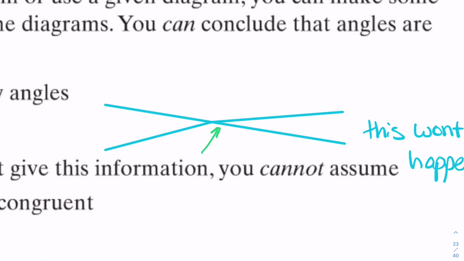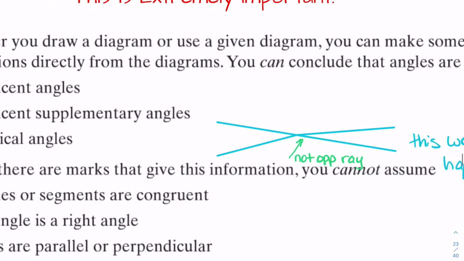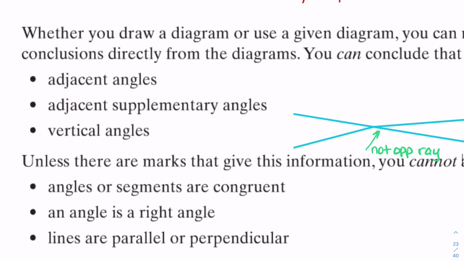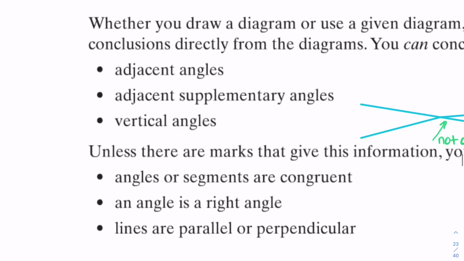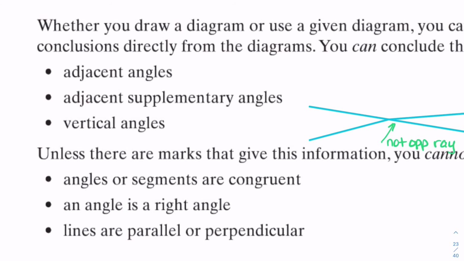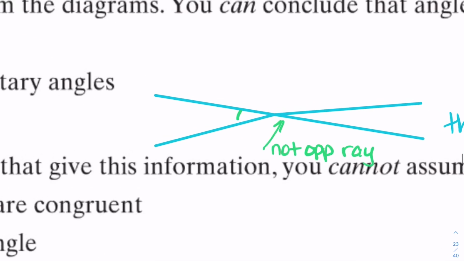It's not an opposite ray. We are not going to do that, okay? So you can always assume that vertical angles are always vertical, unless we state that this is congruent to this, and then say that these are not congruent, and we might use different tick marks, like 1, 2, and 3. If we use 1, 2, and 3, then you do need to assume that they are not perfect. Okay? All right.